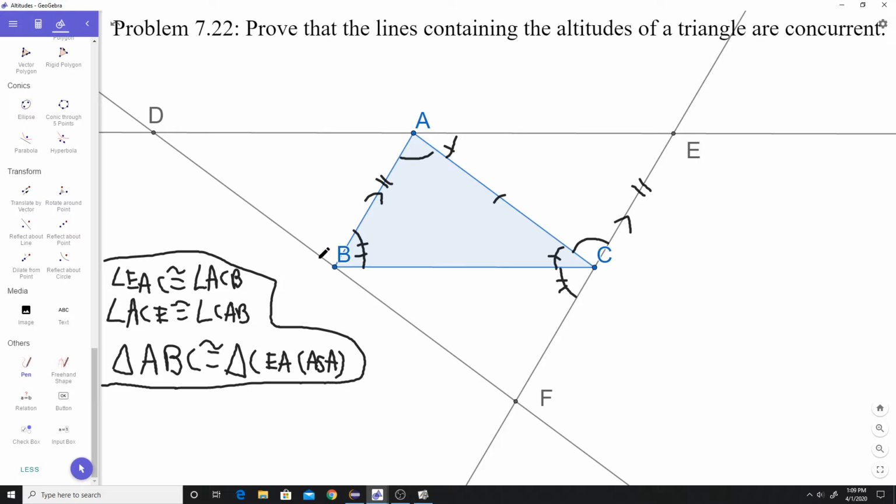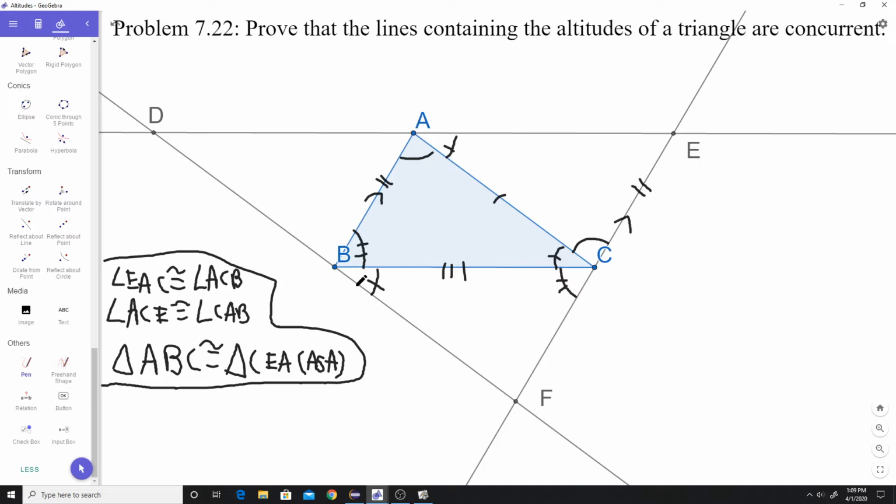That's interesting. And I know this angle is the same as the angle here. BCA is the same as CBF. Again, parallel lines, alternate interior. DF is parallel with AC. And I have that this side here is the same.